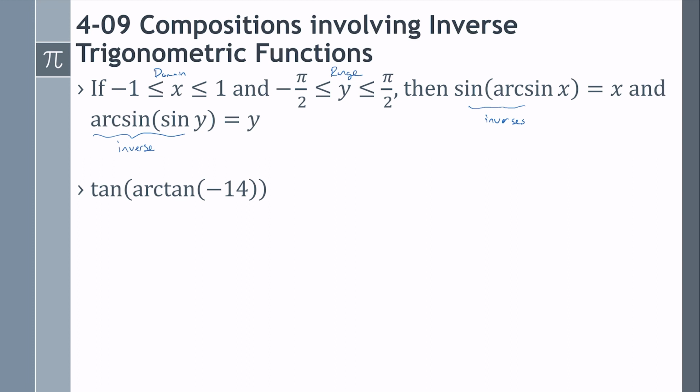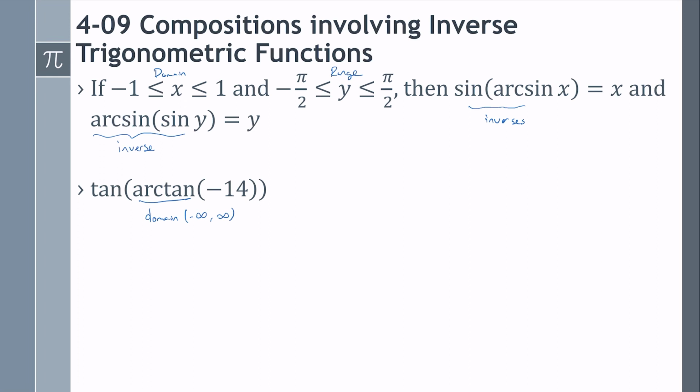Alright, so the same idea. If this is in the domain, and it's also in the range, then it'll work out. So, is that in the domain? I don't know. The domain of arctangent is -infinity to infinity.